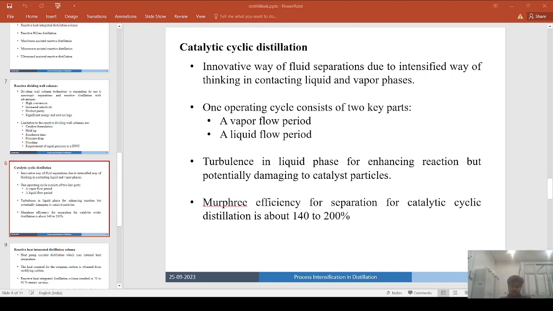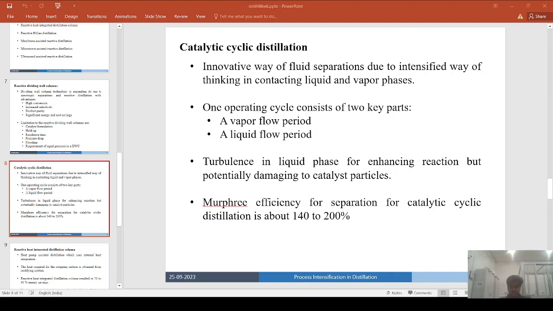Here, unlike the conventional operation, cyclic distillation uses a separate phase movement (SPM) technique that can be achieved with technology-specific internals and a periodic operation mode. So that's where the name cyclic comes into play.